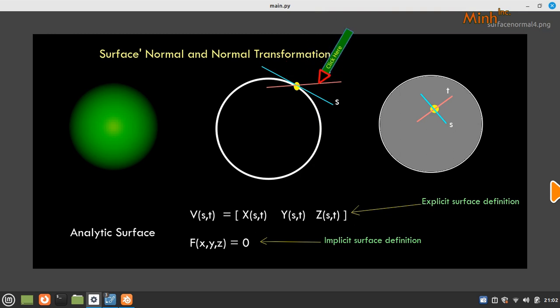If I do the differentiation along the T direction, it will give another tangent. Now, 2 tangents are available, in the S direction and in the T direction. They would look perpendicular to each other.